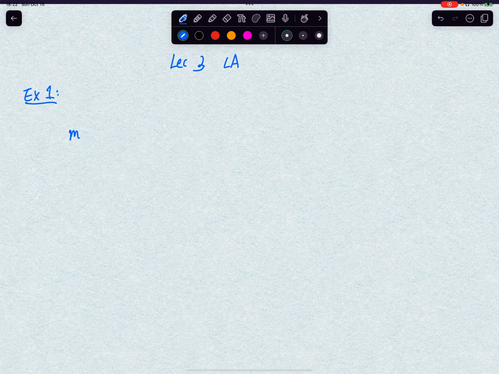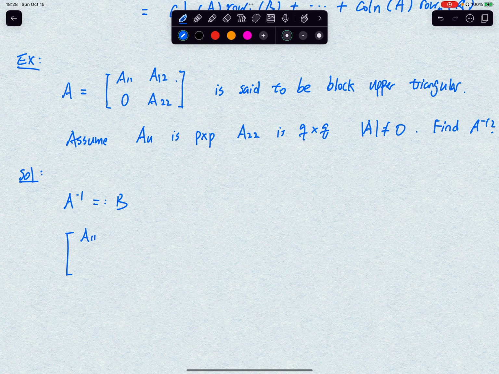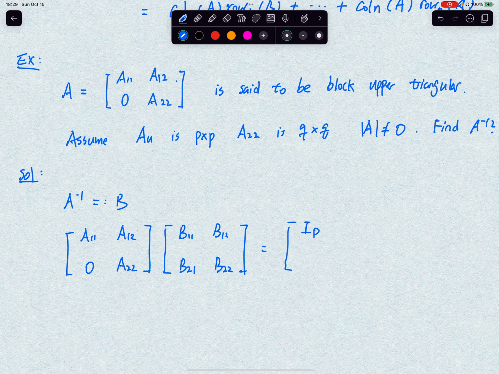So the solution: first, we say that A inverse is B, and B is also partitioned so that A times B is A11, A12, 0, and A22 times B11, B12, B21, and B22. We wish it to equal the identity, that is Ip, 0, 0, and Iq.